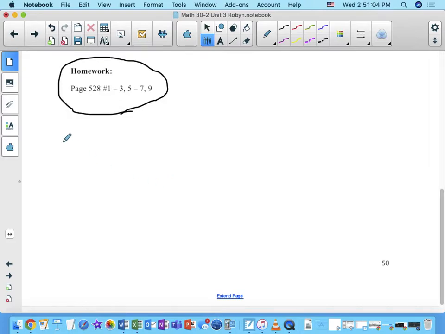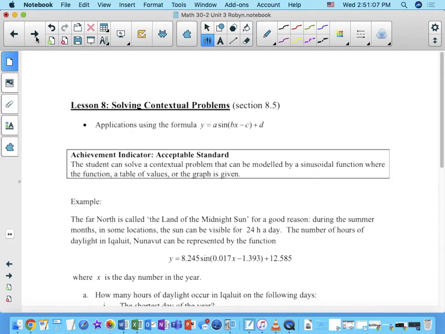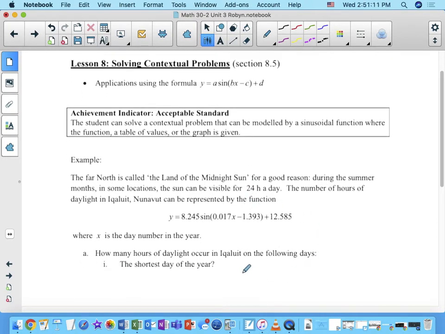The last thing that we're going to talk about in this unit is solving contextual problems. We briefly touched on this yesterday, where we were looking at some graphs that had a context.